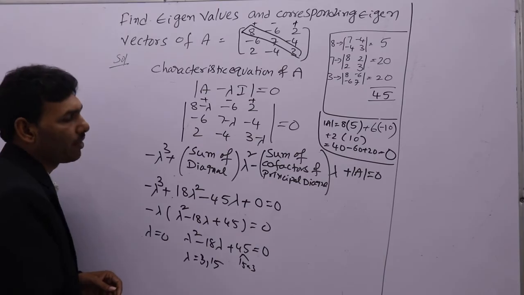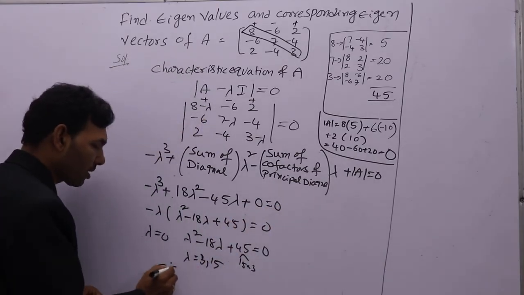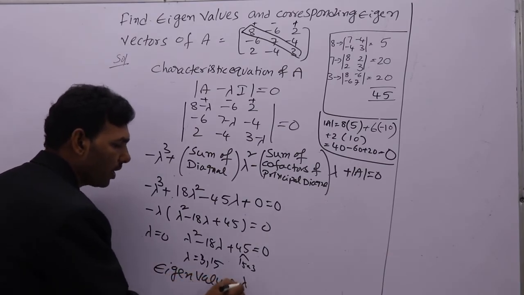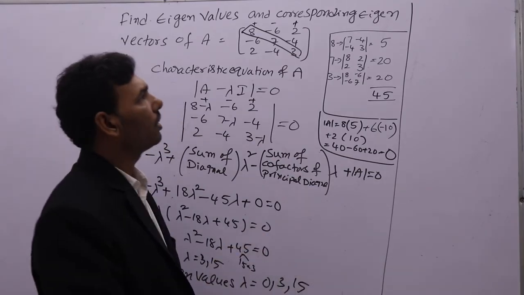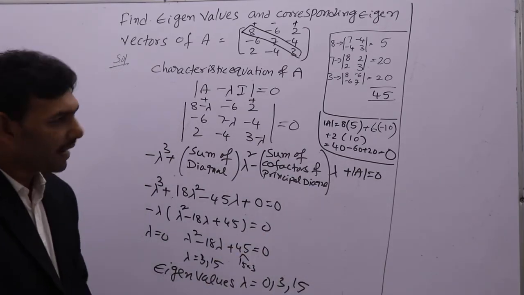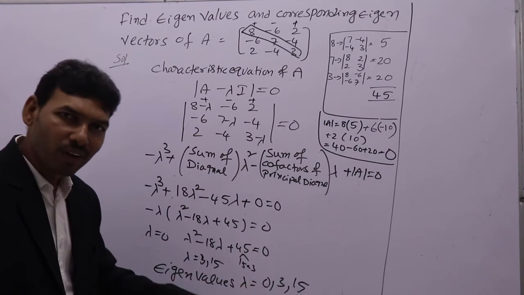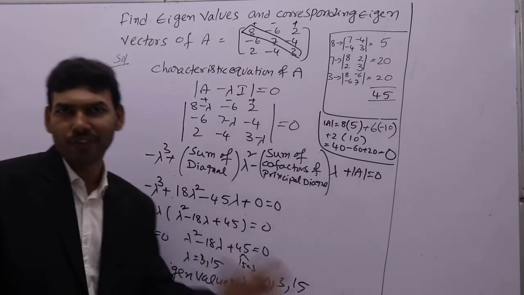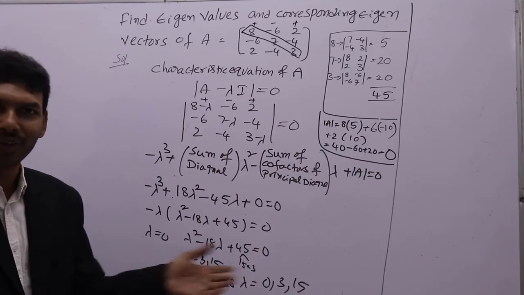So finally the eigenvalues are 0, 3, 15. Now we need to calculate eigenvectors corresponding to lambda equal to 0, lambda equal to 3, lambda equal to 15. We are going to calculate 3 eigenvectors now.